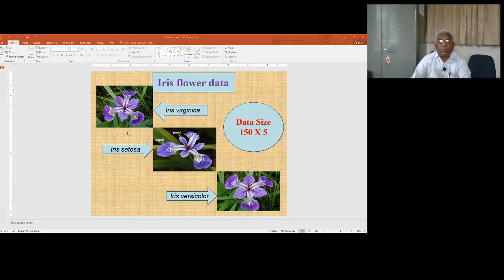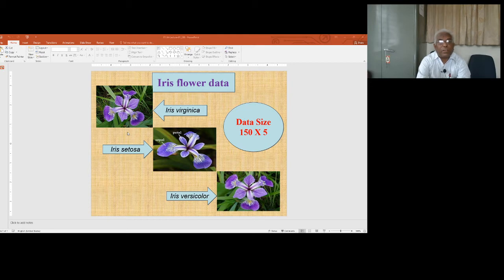Now when you are going to study this data, one of the most important suggestions for you, the learners, is that you first try to understand the importance of the iris flower in botany as such and in the overall life of humans. What is the importance of the iris flower?